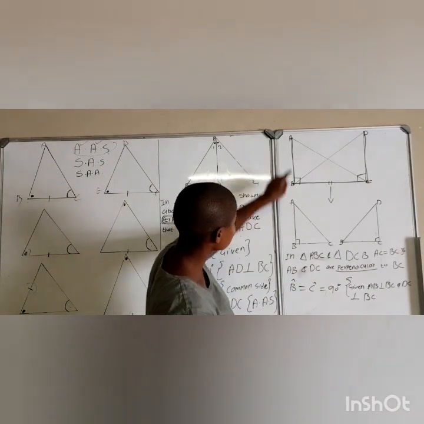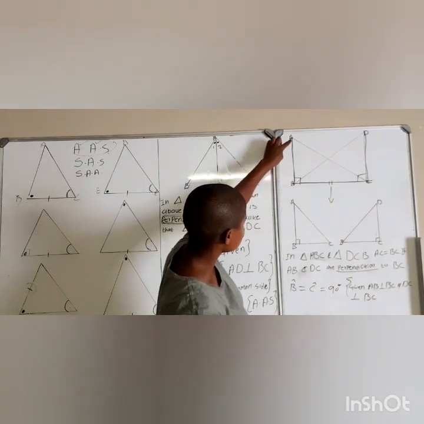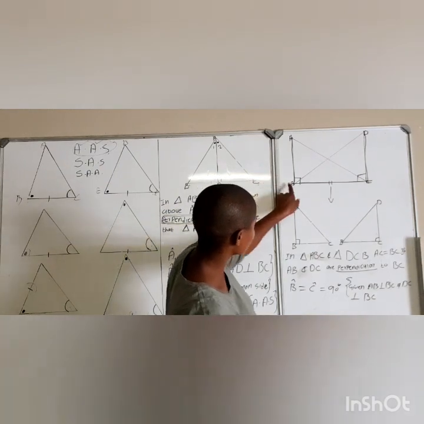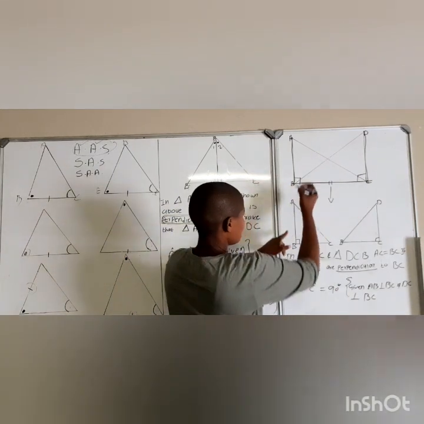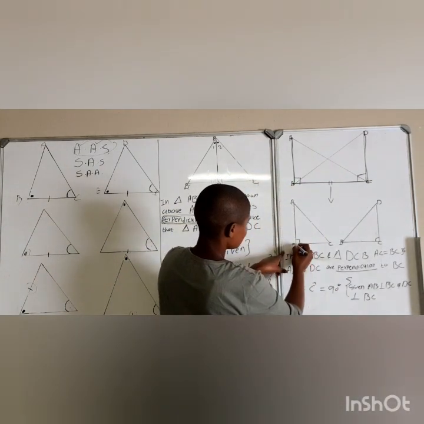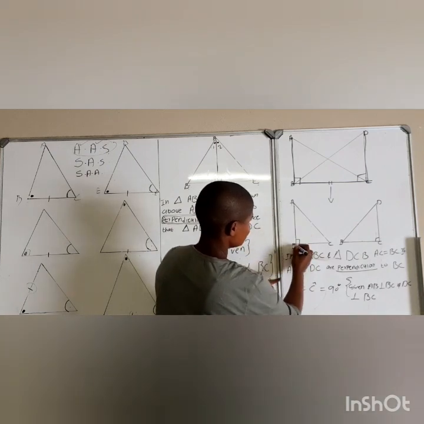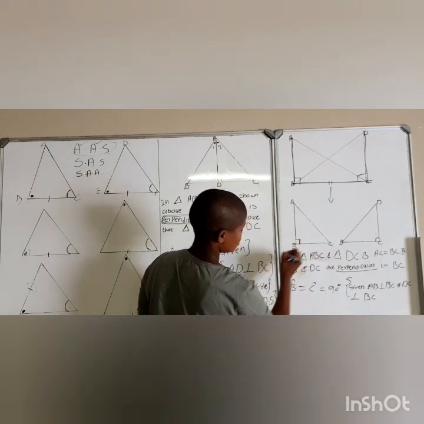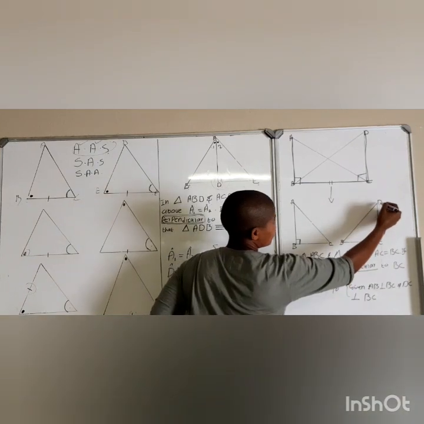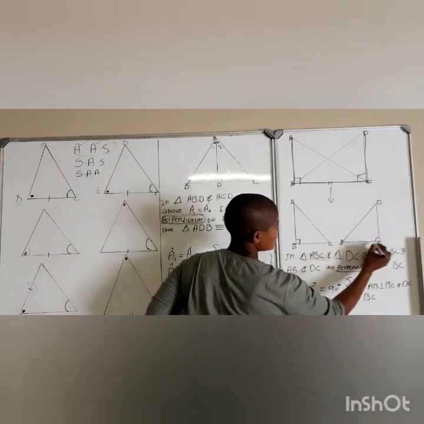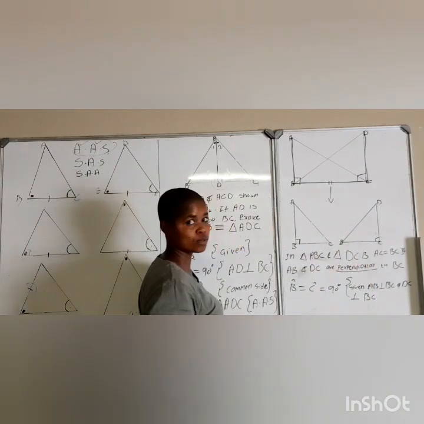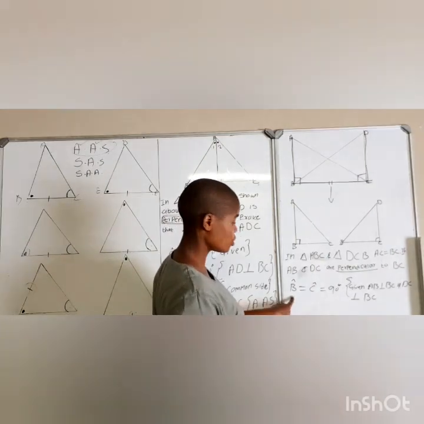And I said AB is perpendicular to BC. Yes, because where AB meets BC, 90 degrees is formed. And where DC meets BC, 90 degrees is formed. That is why we are saying they are perpendicular, guys.